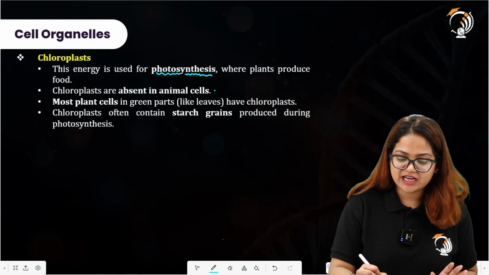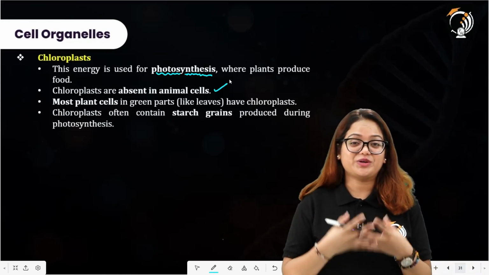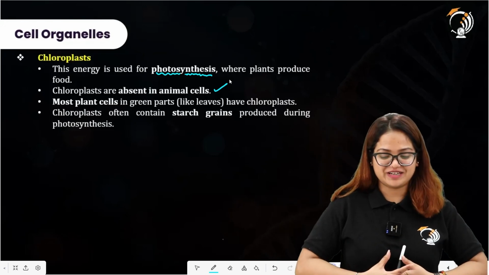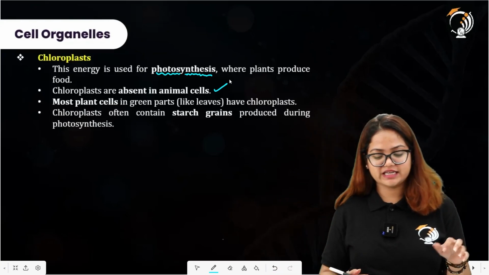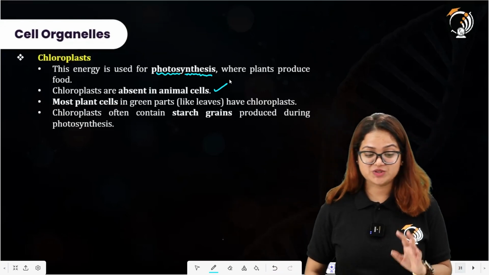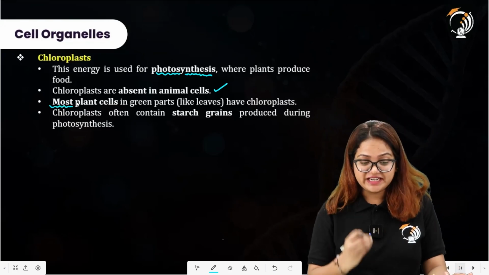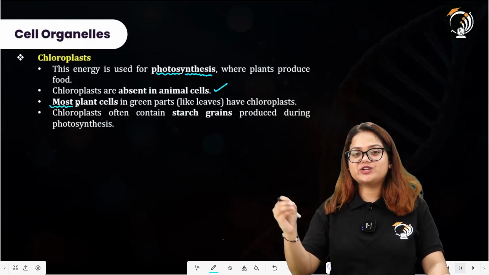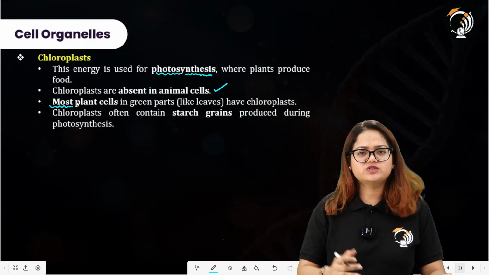Chloroplasts are absent in animals since they do not photosynthesize. They cannot make their own food from raw materials. Most plant cells in green plants like leaves have chloroplast. Why does it state most plant cells? Since there are certain plant cells that do not photosynthesize.